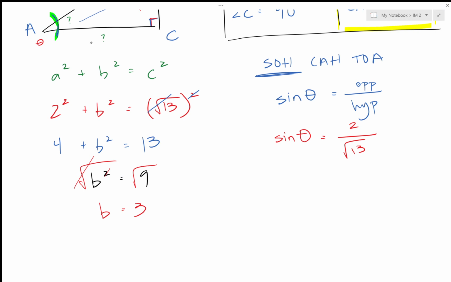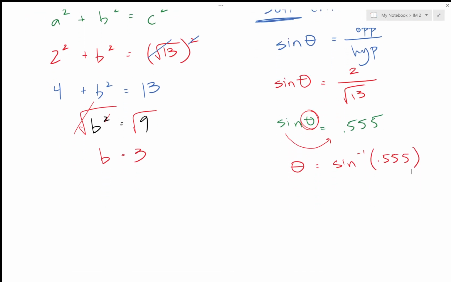We take this back to the lesson we learned the other day. 2 over square root 13, we just use our calculator, and that comes out to 0.555. And then we still have sine theta over here. I need to move sine to the other side because I want to get theta by itself. And remember, in order to move it, sine becomes the opposite, or the inverse.